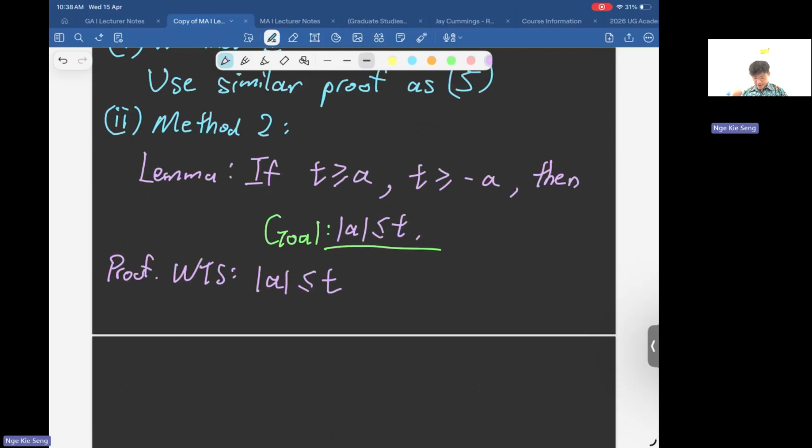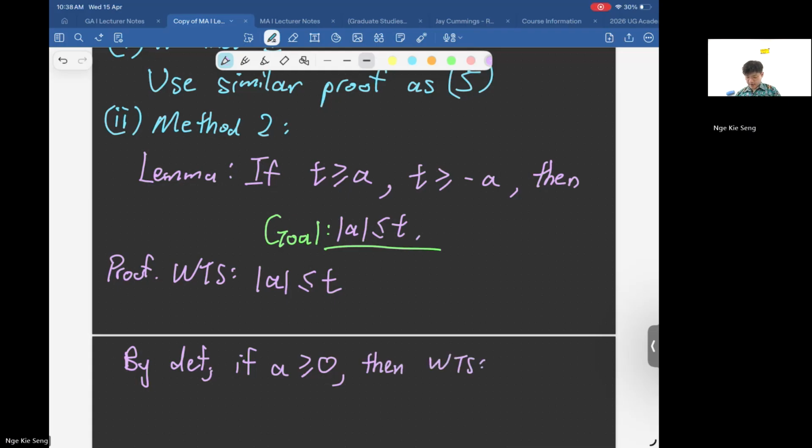So then, by definition, if A is greater or equal to 0, then we want to show that modulus of A is less than or equal to T, or equivalently, A is less than or equal to T. But that's kind of obvious, right?